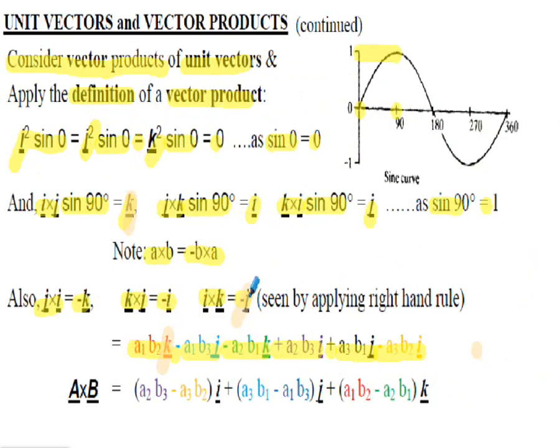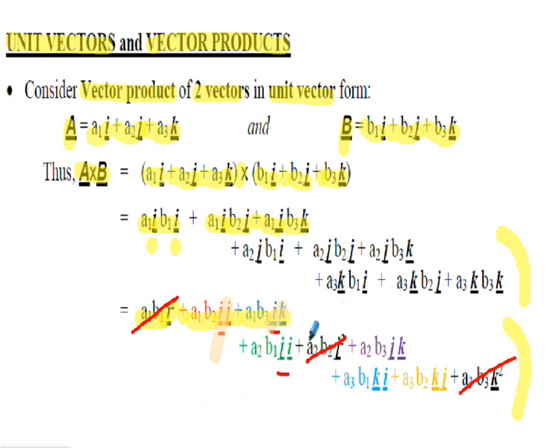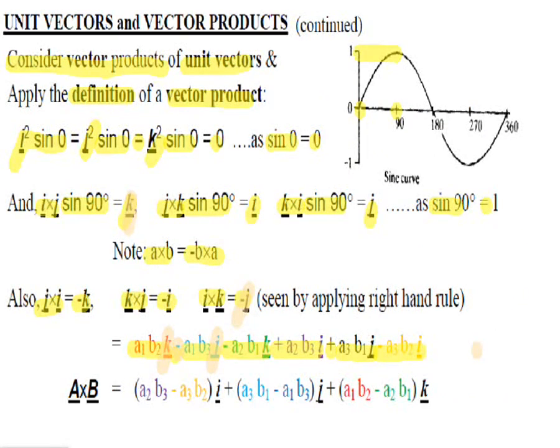That's replaced with the minus j. And be careful here, the ik gets replaced by the j with a negative change of sign. If I take my next term, I've got j times i for my unit vectors, so j times i gets replaced with negative k, so the k there and the negative in front.